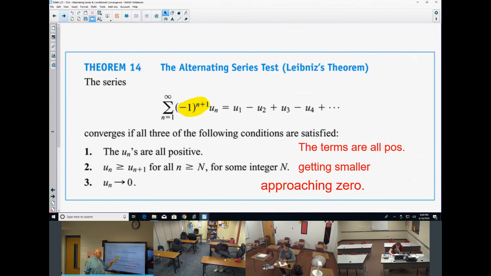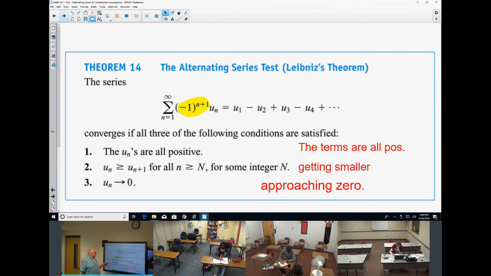So what you do is just sort of ignore the alternator and just look at the regular terms. If these 3 things happen, then the alternating series will converge. So these are the 3 things that you have to have happen: the terms without the alternator have to all be positive. So we call those the u sub n's.